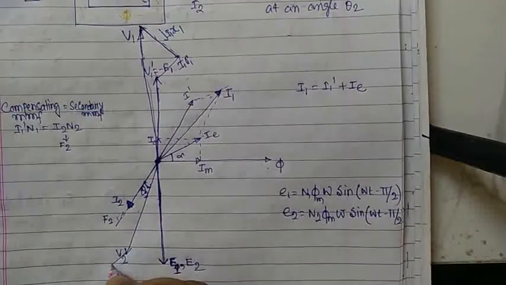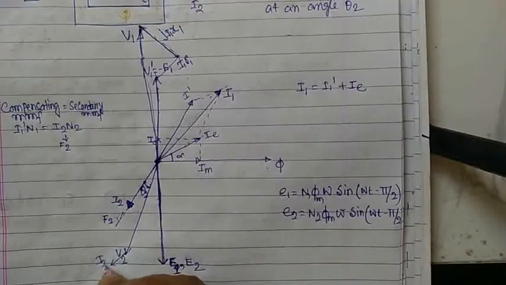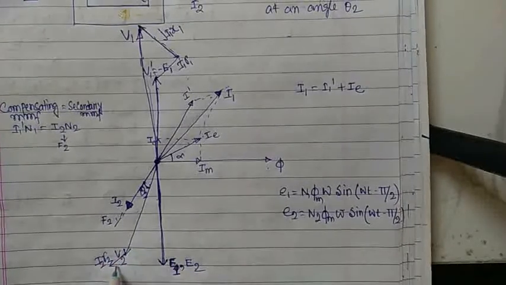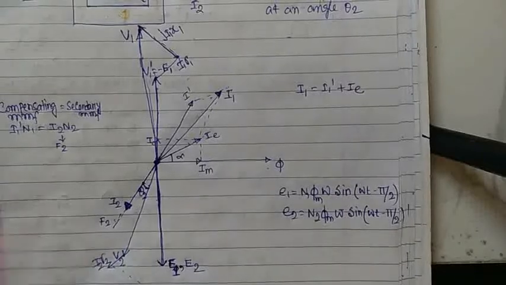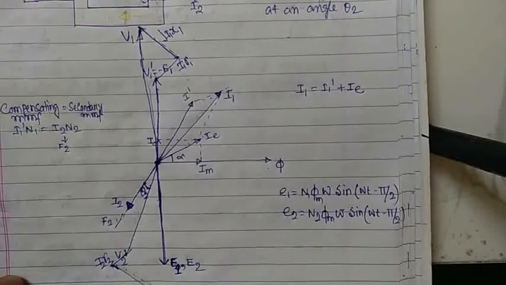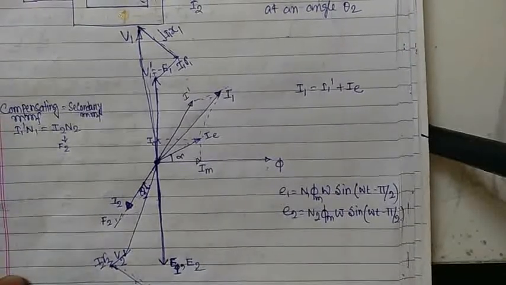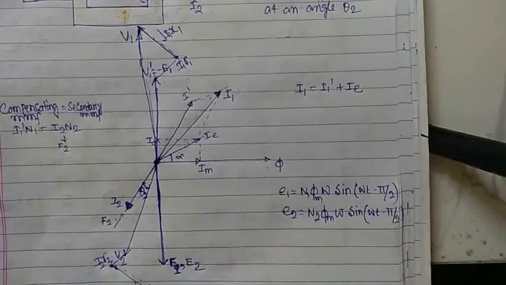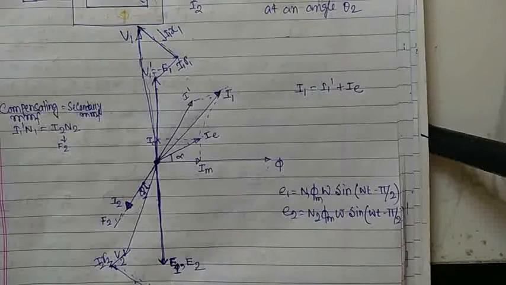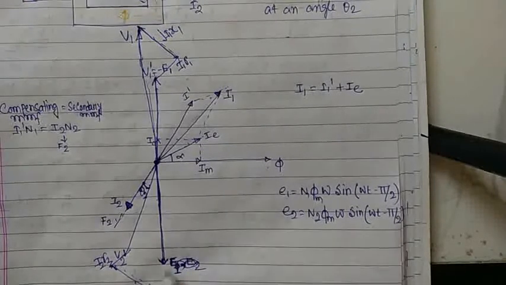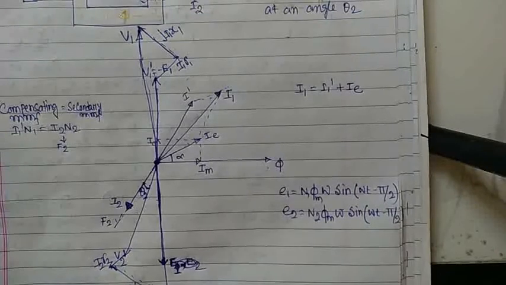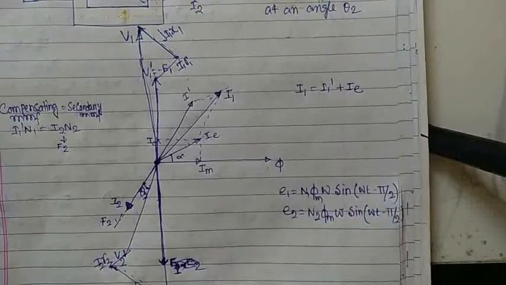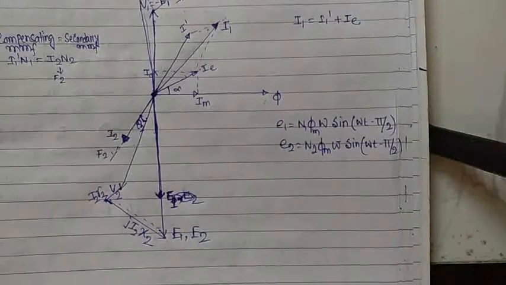So this is I2 R2, and 90 degrees apart is j I2 X2, the inductive drop. So this should be E1 plus E2. Okay, this should be E2.